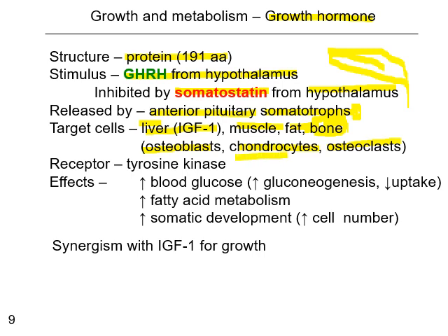Chondrocytes primarily make up the cartilage and the collagen of bone. Osteoblasts are the cells that lay down the mineral, primarily calcium phosphate and calcium apatite, the mineral bone.